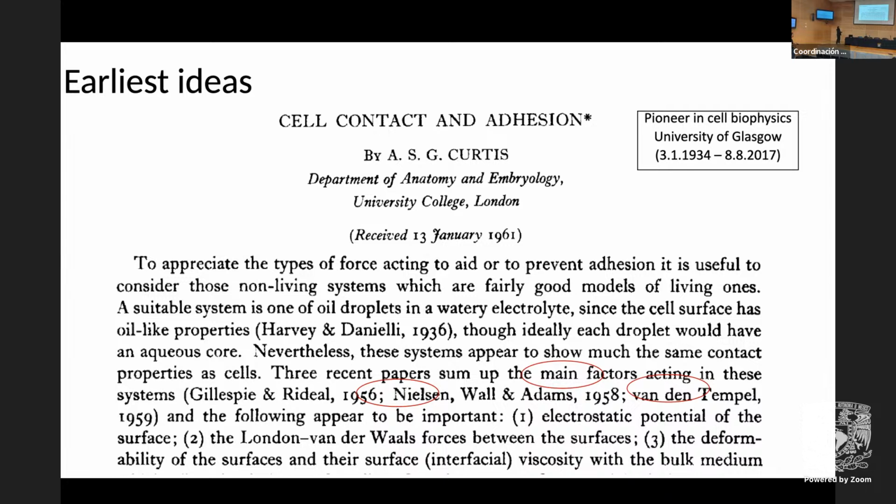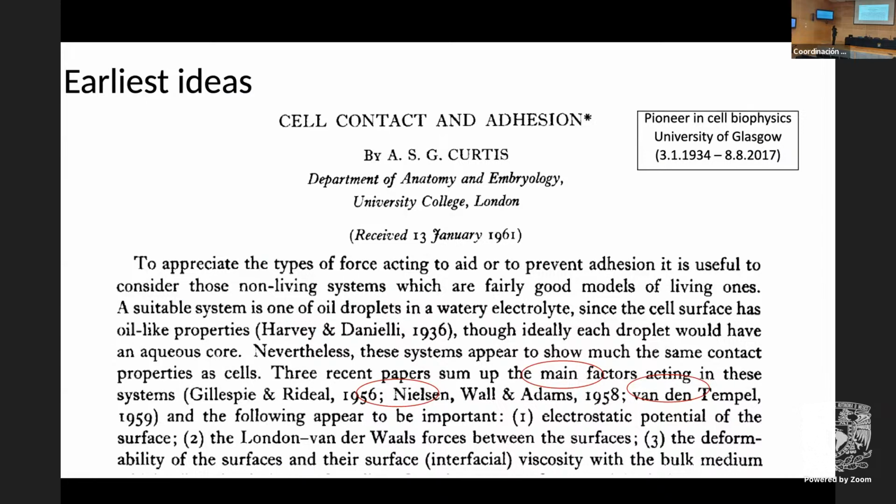But this is even earlier. People had no idea. Integrins were not discovered. So they thought, this is S.G. Curtis, who was also a pioneer in cell biophysics, an Englishman.